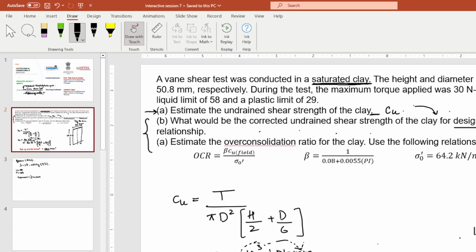For example, if you have a Cu of 45 and a Cu of 65, you may get a design load for this at only 100 kilonewton. More than 100 kilonewton you cannot apply on this soil. But here you can get about 150, 175 kilonewton. You're understanding the basic principle of design.